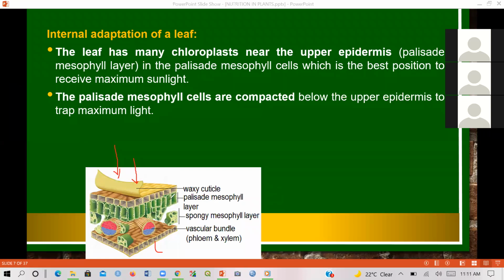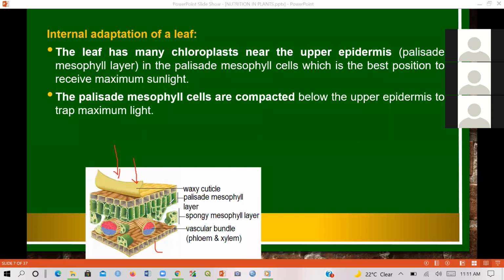So these cells here, the one we call the Palisade Mesophyll cells, they have very many chloroplasts that trap sunlight energy for photosynthesis. Now, the mere fact that this layer is positioned on the upper epidermis, on the upper part of the leaf, that puts it in the best position to receive maximum sunlight for that process of photosynthesis.